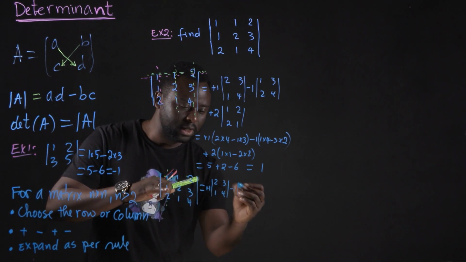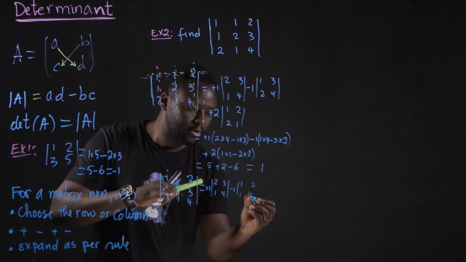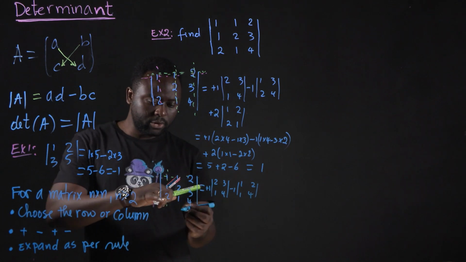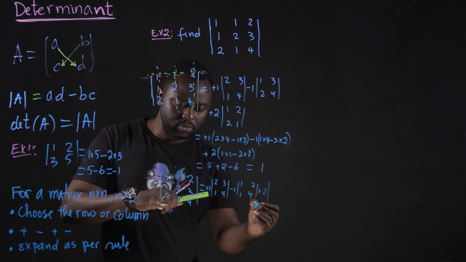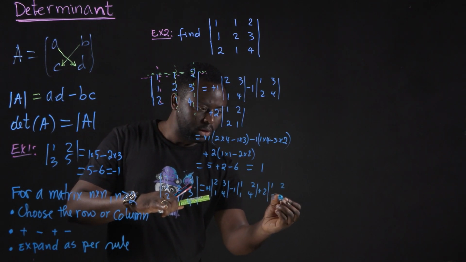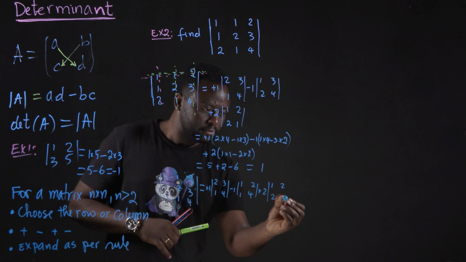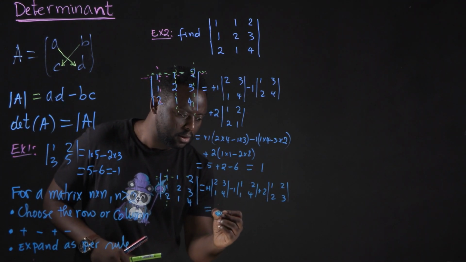And if I do that, I will remain with this 1, 2, 1, 4. And lastly, I cross this 2. This is plus 2. And I will remain with 1, 2, 3, 2, 3. If you expand this, then you will obtain exactly 1.